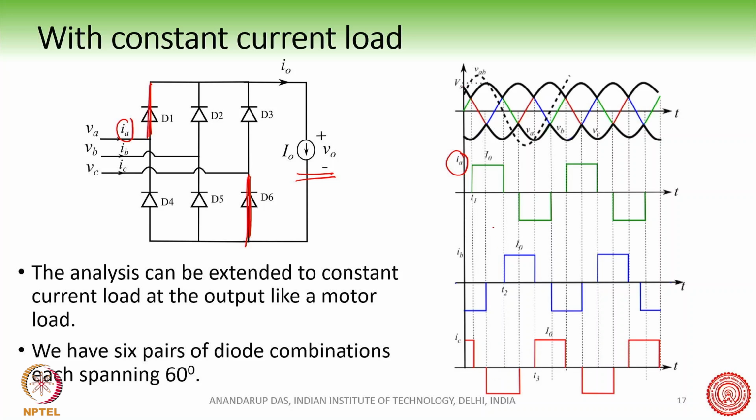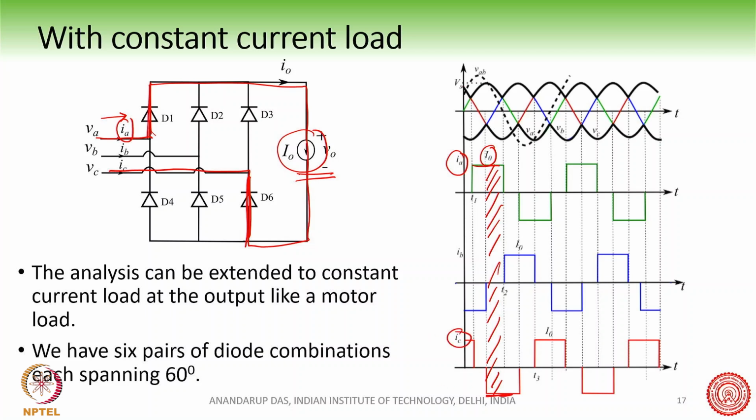For example, during this interval A and C are conducting, B is not conducting. The current goes through like this and comes back like this. Since this is a constant current load, this I0 will flow on the A phase and go back through the C phase.